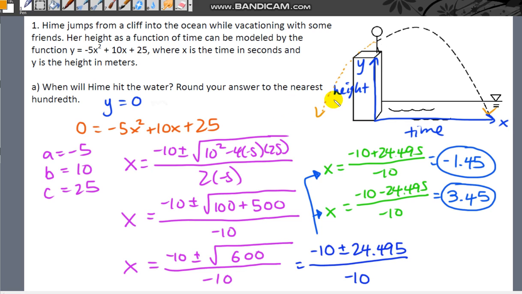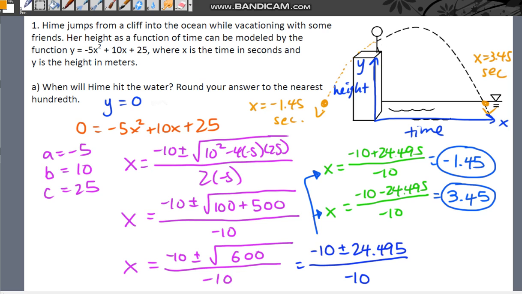So that's going to be at sea level. She's going to hit it here or here. This would represent the time. This is the time at negative 1.45 seconds, and this time here is represented by x equals 3.45 seconds.